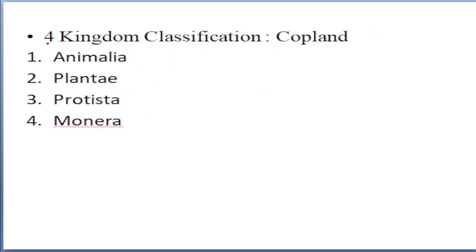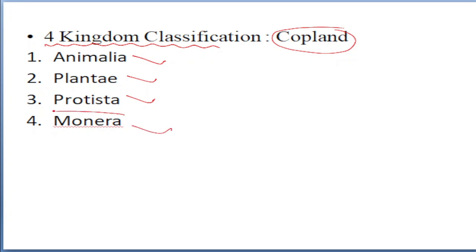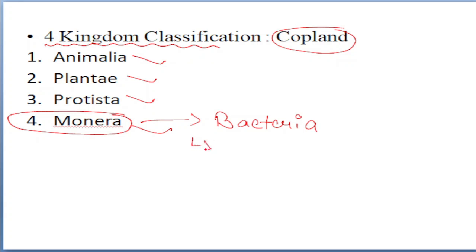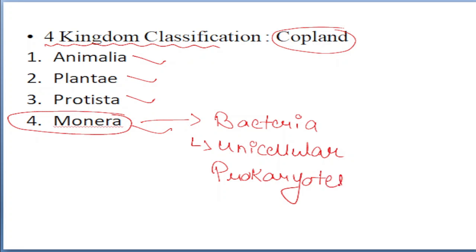This was given by Copeland, and he classified Animalia, Plantae, Protista, and he added the fourth kingdom, that is Monera. And the Monera are bacteria, and these are unicellular prokaryotes. So he added the very fourth kingdom, that is Monera.